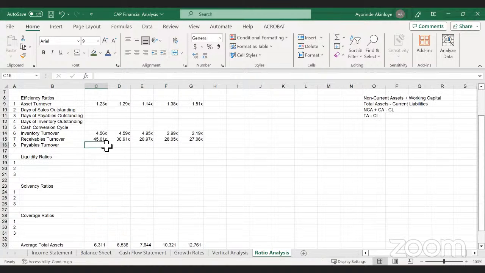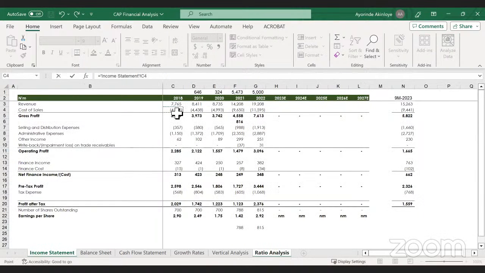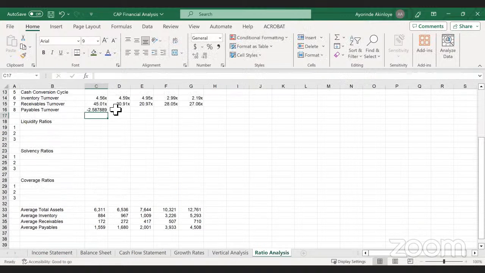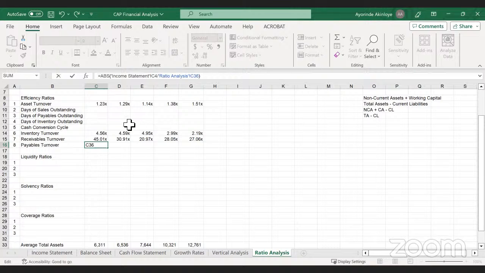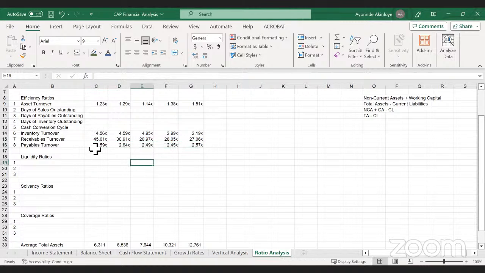Okay, so we come here, payables turnover will now be cost of goods sold or cost of sales divided by average payables. Because cost of goods is negative, I put absolute in front and I have 2.58. That's my answer for 2018. So this is payables turnover.